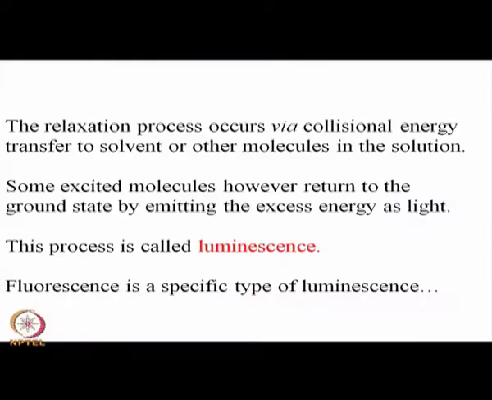Now, when we talk about a specific type of radiation, we must clarify why it is called a specific type. These electronic states are characterized by overall spin, so it may be triplet, or singlet, or doublet.